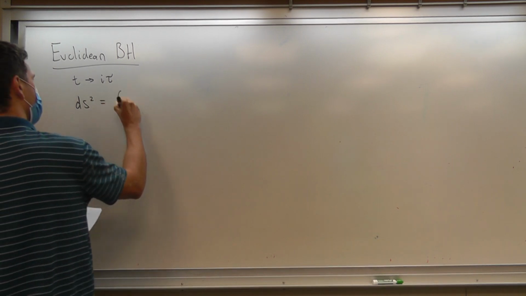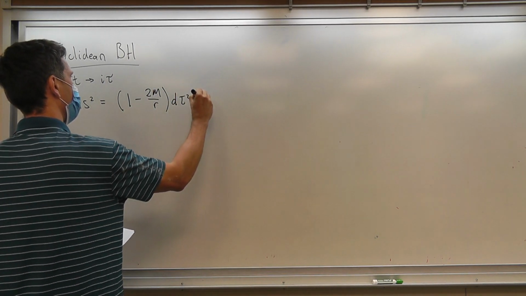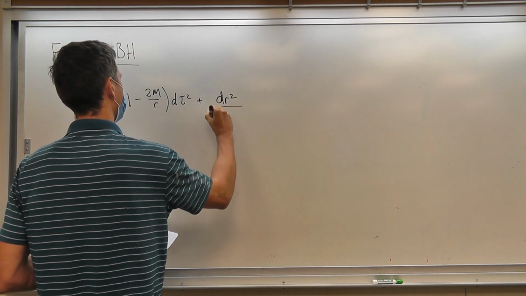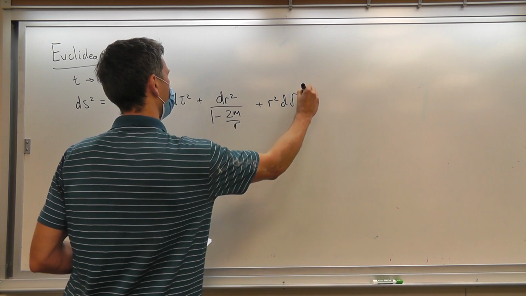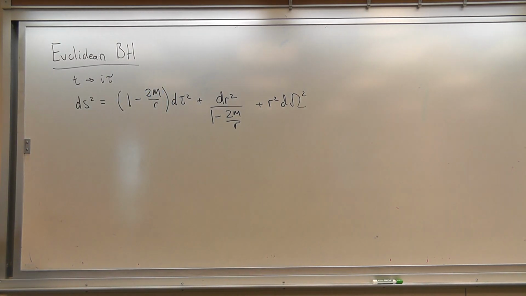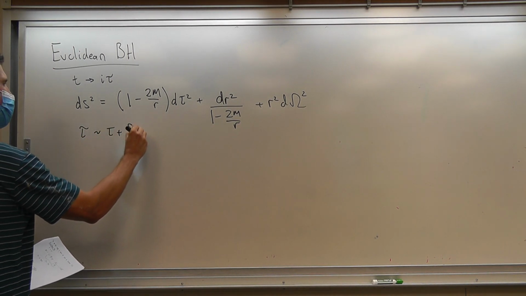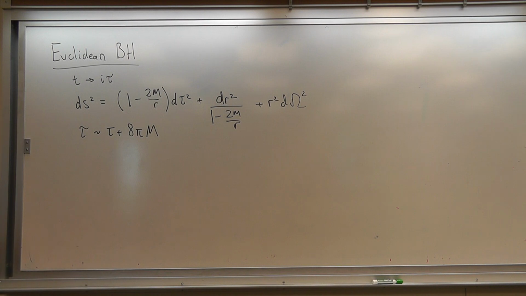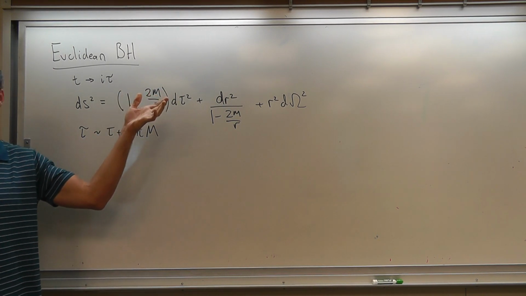It's ds squared is (1 minus 2m over r) d tau squared, plus dr squared over (1 minus 2m over r), plus r squared d omega squared. And we're going to identify tau as a circle of size 8 pi m. Why is that? Well, we checked last time that the Schwarzschild metric near the horizon is Rindler space.